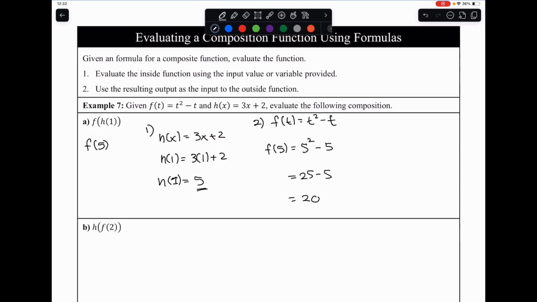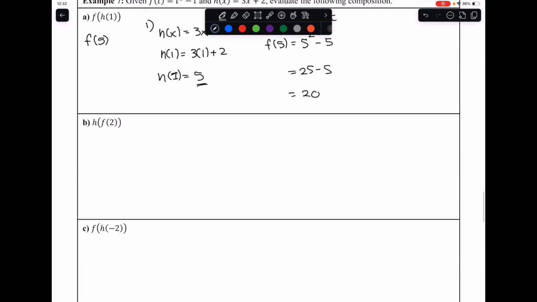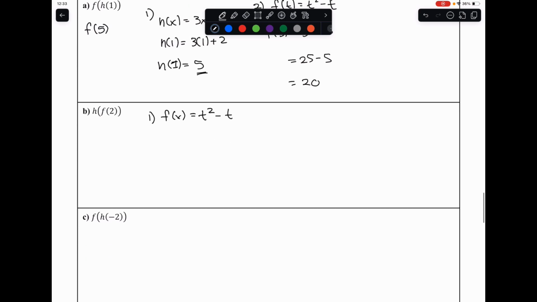And the same thing would be true if we were doing this in the opposite order. So if I want to evaluate h of f of 2, I would start with the f function because that's the inside function, which is t squared minus t, and start by plugging in number 2. So 2 to the second power minus 2 is 4 minus 2, which is 2.